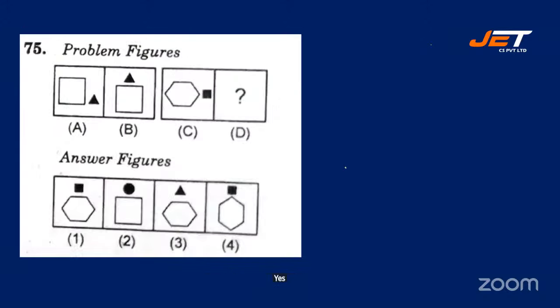Yes, see the question figure here. We have a square, okay, and a small triangle to the right. So when we move anti-clockwise, it goes to the left hand side. Likewise, when we move anti-clockwise, where does it go? So 1 full minute is given. Quickly analyze and give me the answer.